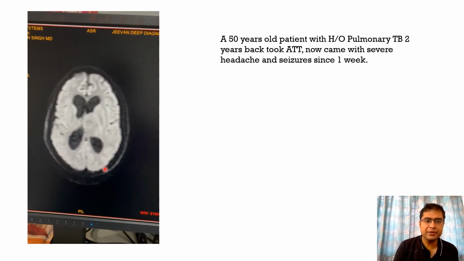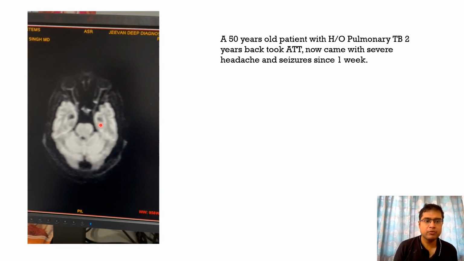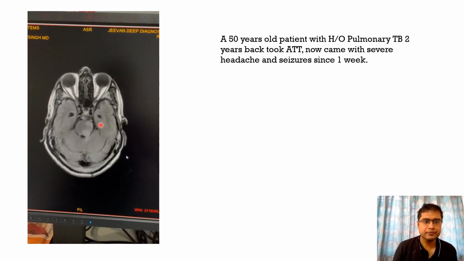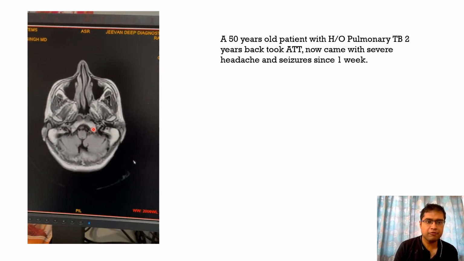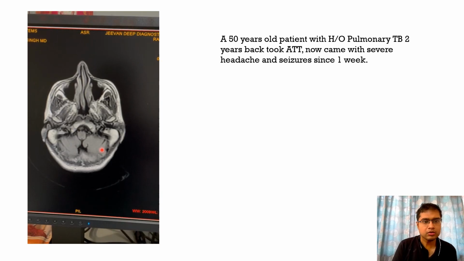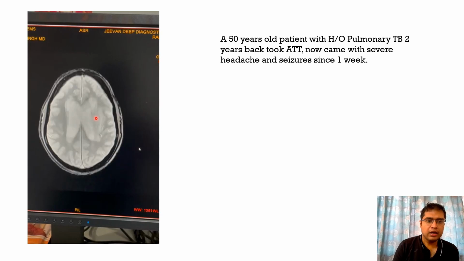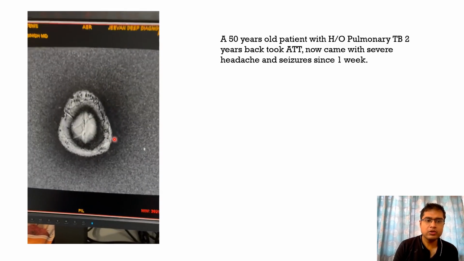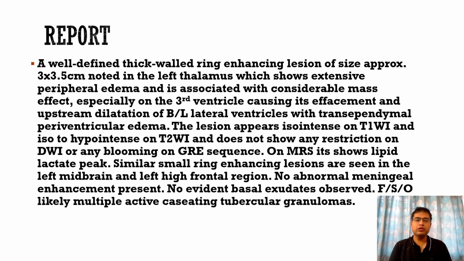This is the DWI images, where there is no restriction, no high signal on DWI. There is extensive edema which can be seen on FLAIR. And now this is the GRE images, where we don't see any foci of blooming. So this is the report that was given.